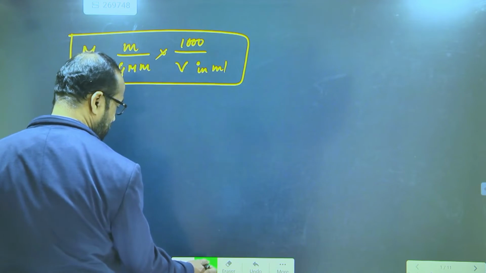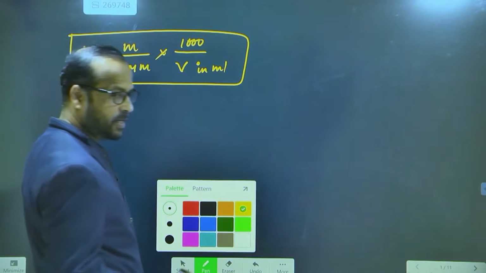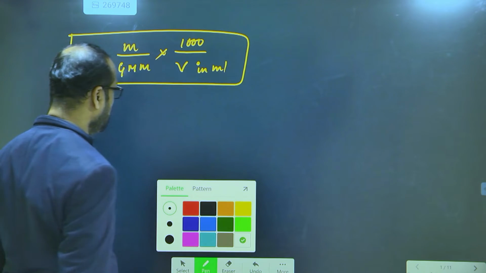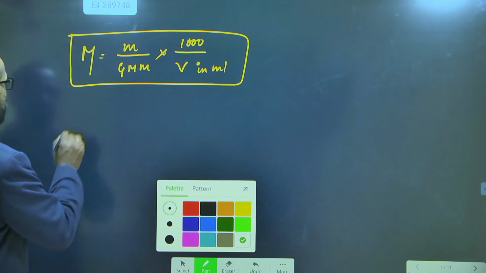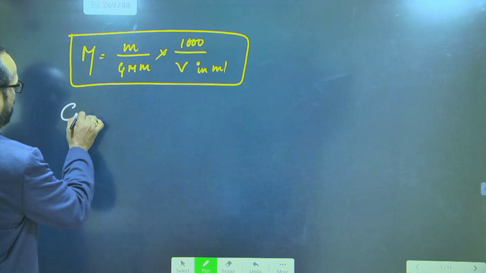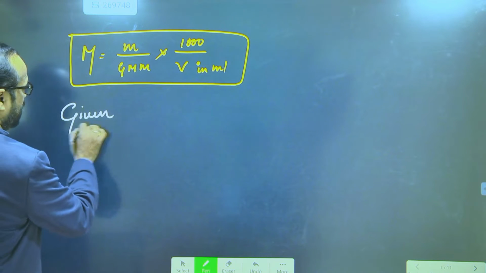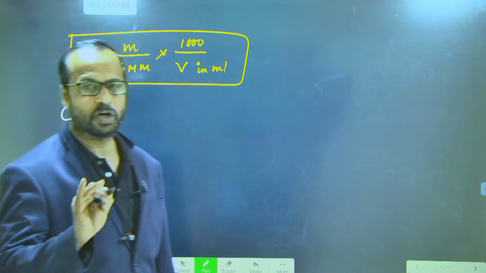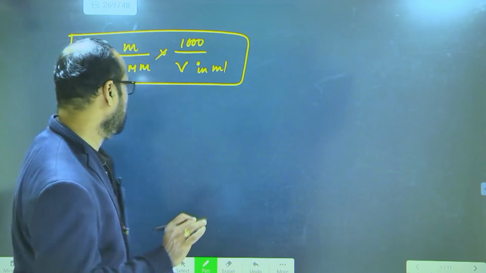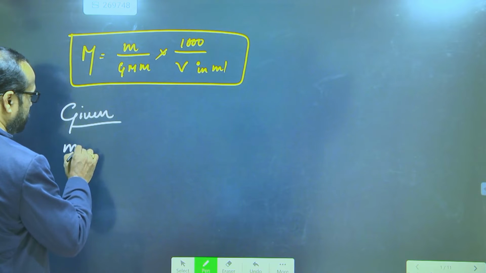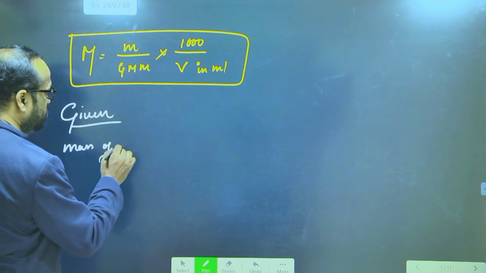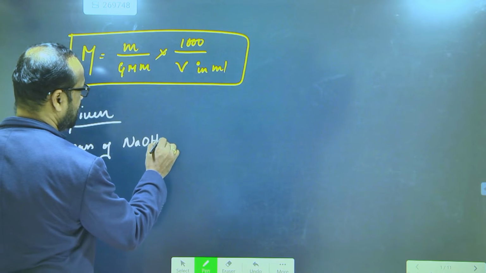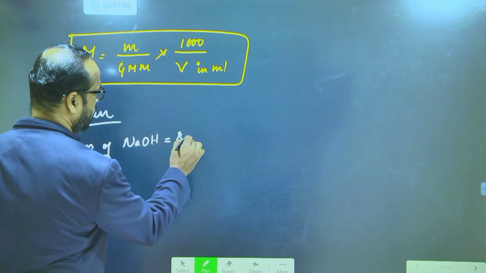So I'm going to explain one sum, and one more sum I'll give to you. You have to do it. To solve this problem, first write the given information. Given is 8 grams of sodium hydroxide. So write the mass of sodium hydroxide, NaOH, is equal to 8 grams.